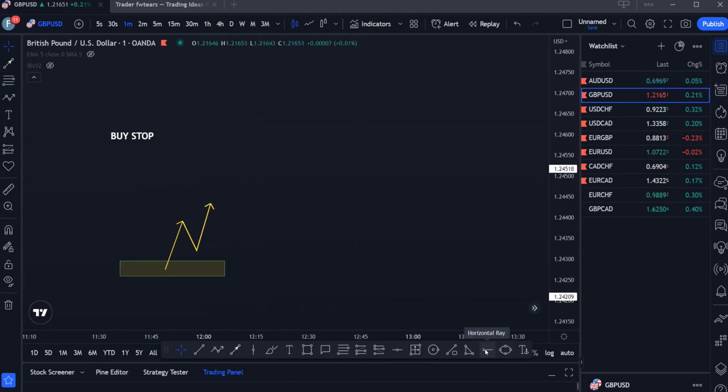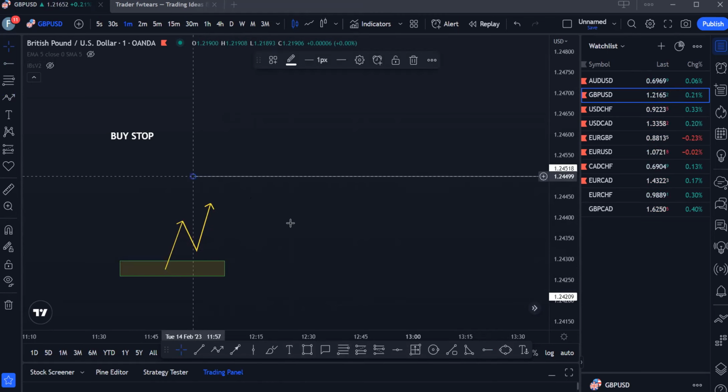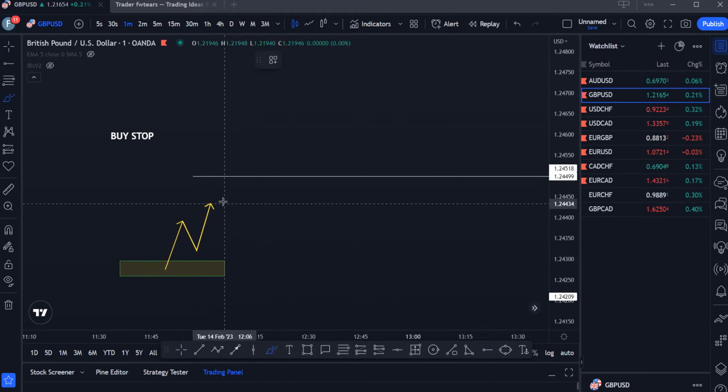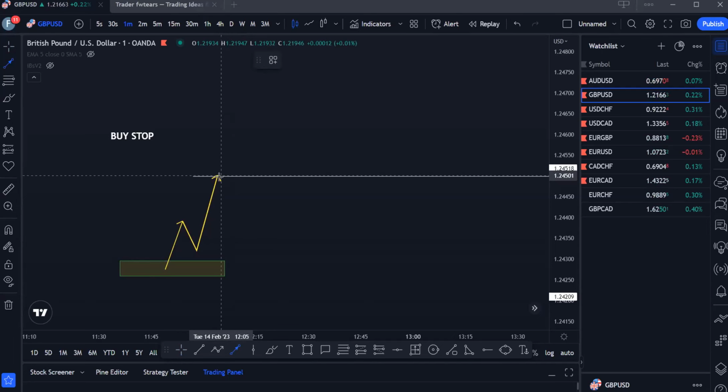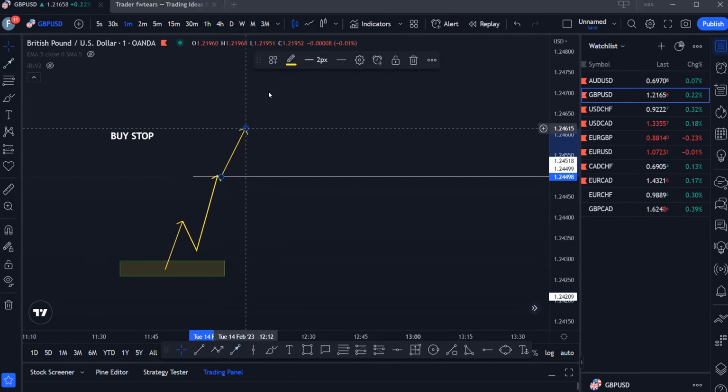So you can set your pending order to be somewhere here, such that if price should still keep going up into this zone, as soon as price gets here, you want to be triggered into the market for a buy.